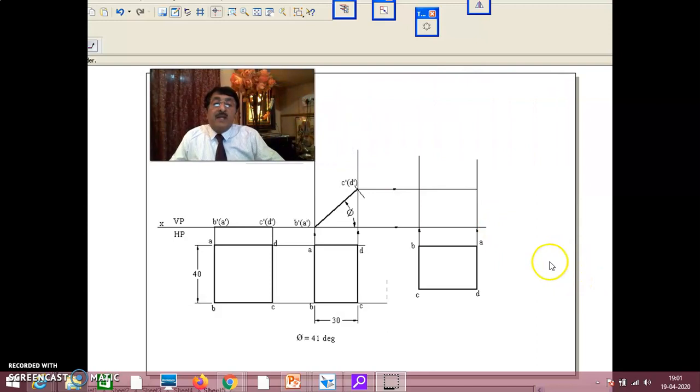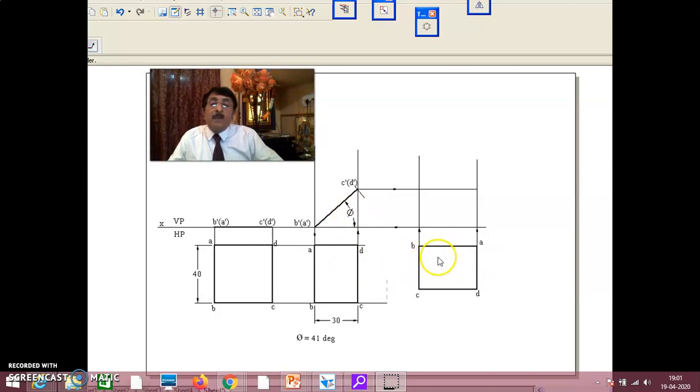The second stage top view is the same as the third stage top view because the inclination to HP is phi, 41 degrees. I am not changing the inclination to HP. Keeping the inclination to HP constant, if you rotate about AB, because it is resting on AB on HP, the top view cannot change. You can take it to any position. As long as the 41 degrees is constant, the top view will not change.